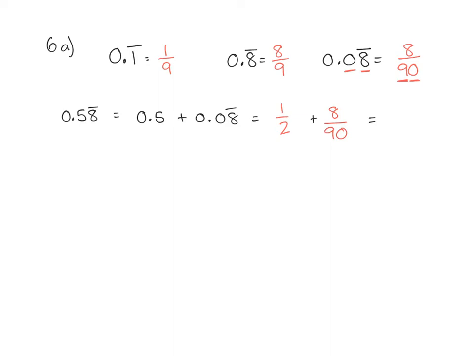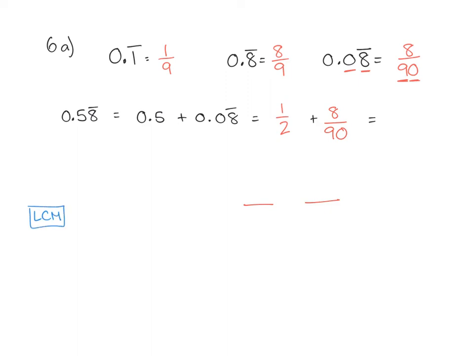Now we need to add these fractions together, but in order to do that, we need to have the same bottom number. I can't bring 8 out of 90 down to 2, but I can give them a common denominator. To find our lowest common denominator, we have to find something called the lowest common multiple.